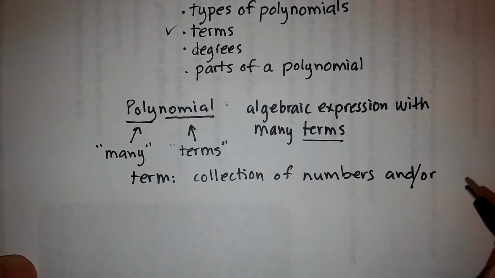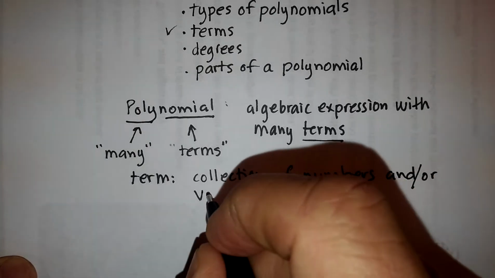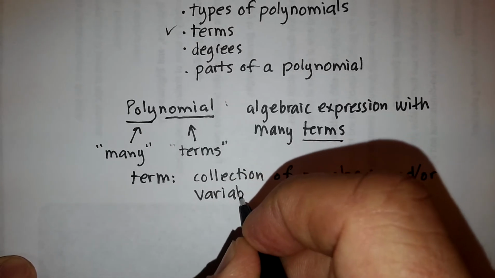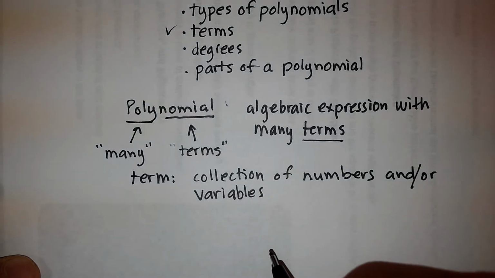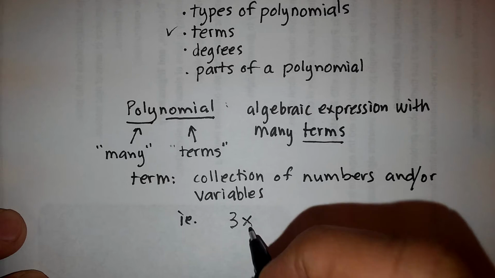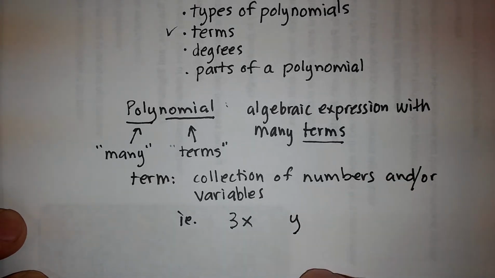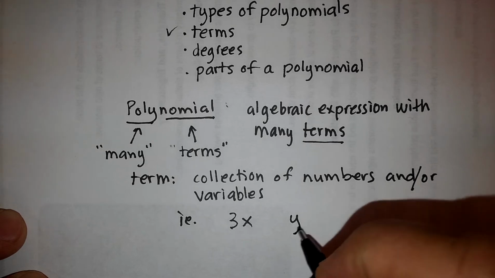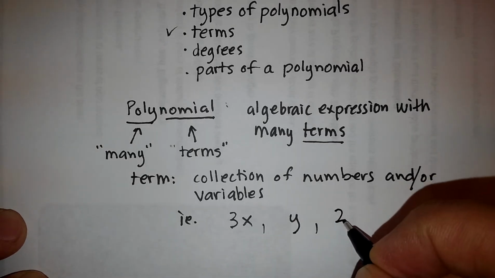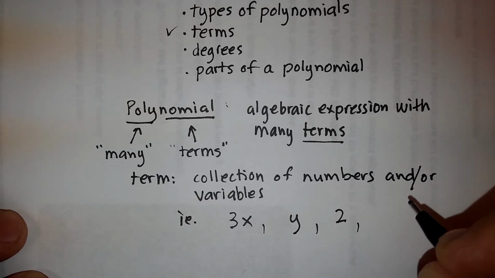Or I should say variables, because you can have terms that are just numbers or just variables, okay? So what would an example look like? Like 3x would be a term, or just y by itself would be a term, or the number 2 would just be a term. Or you can even have more complex terms.